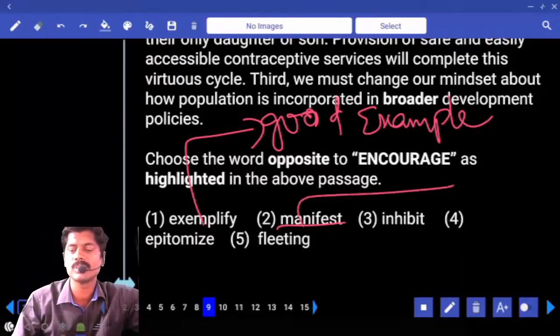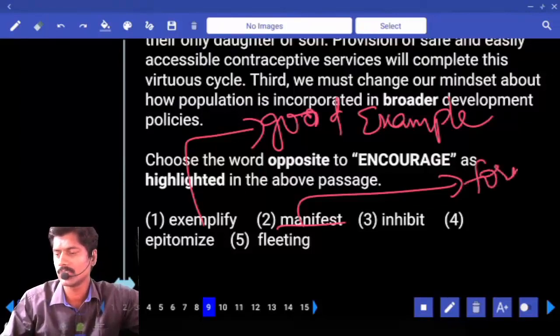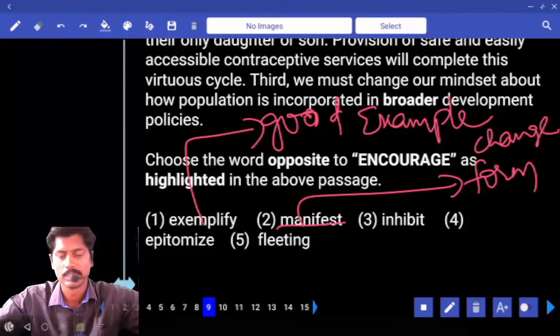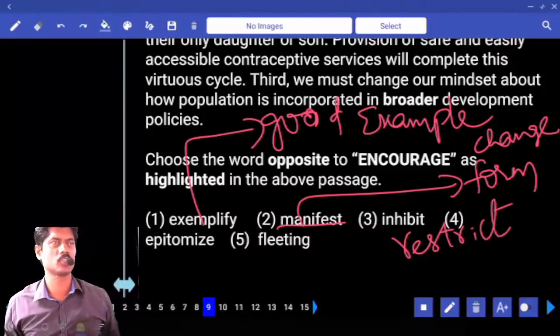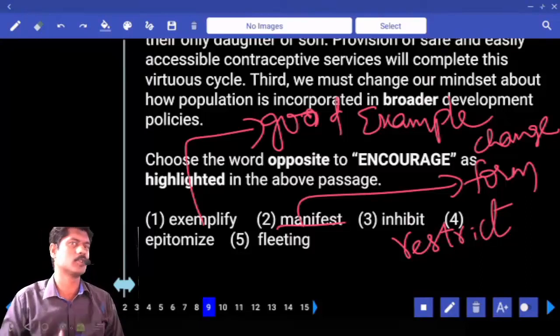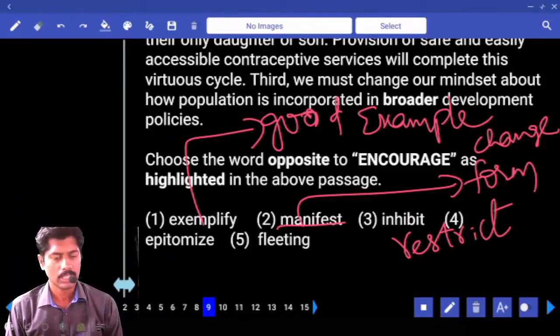Manifest is nothing but changing the form, changing the shape. Inhibit means restrict. Some people have inhibitions talking to new people. Some people have inhibitions talking to the opposite gender. Inhibitions means some sort of restrictions.